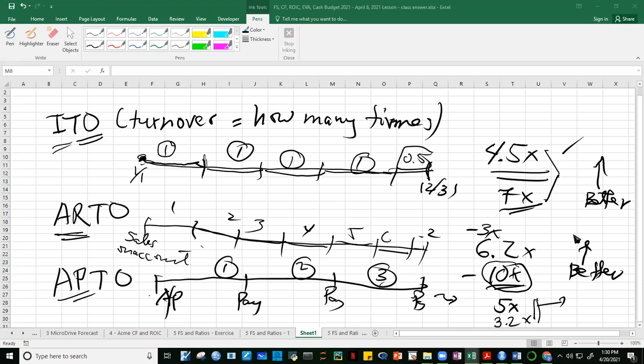It's better if N over 180. No? That means you're given 6 months to pay your accounts payable, trade payables. Okay? So that's what it means. But there is a downside too, guys, ha? There is a downside, which I will explain later. What is the downside of this APTO?